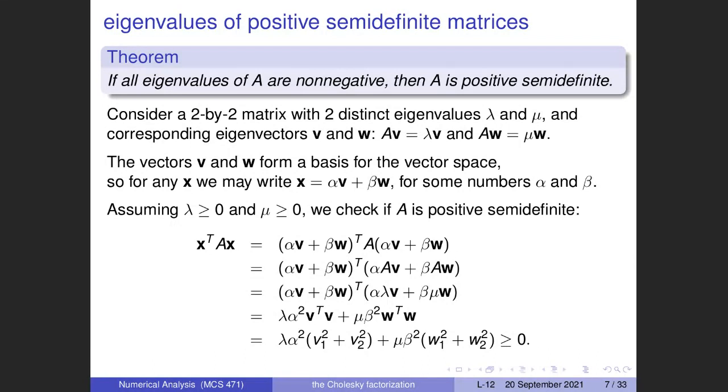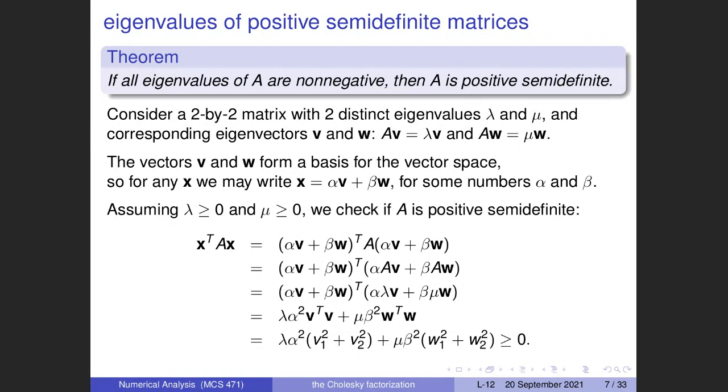Now, we assume that the eigenvalues lambda and mu are non-negative. And we will now check that when we look at the quadratic form defined by the matrix, that quadratic form is also non-negative. So we do the matrix vector multiplication.